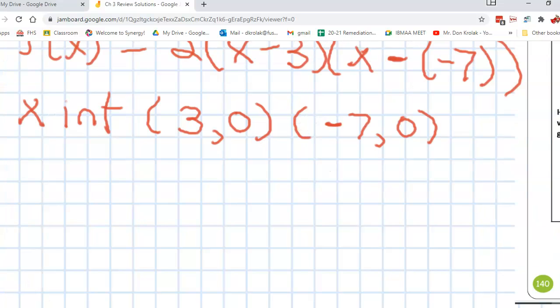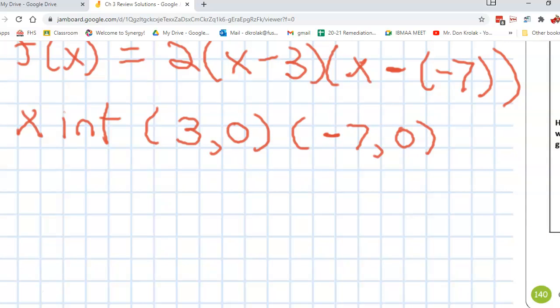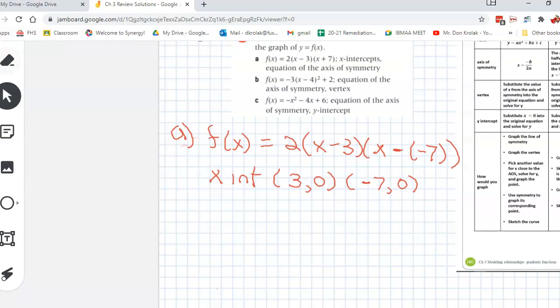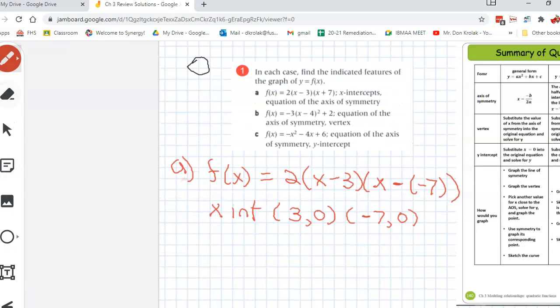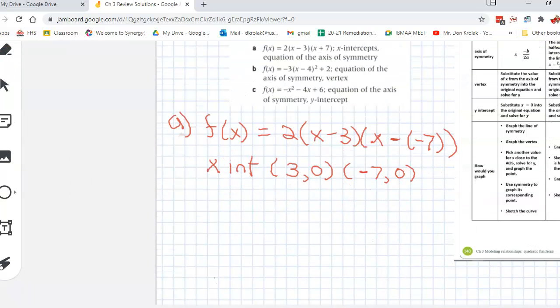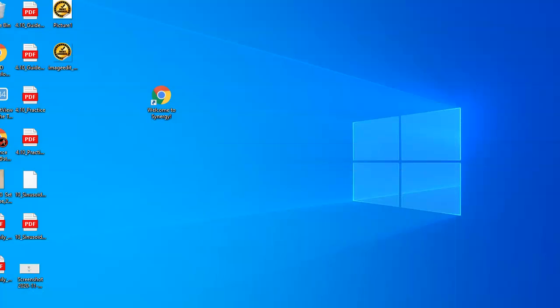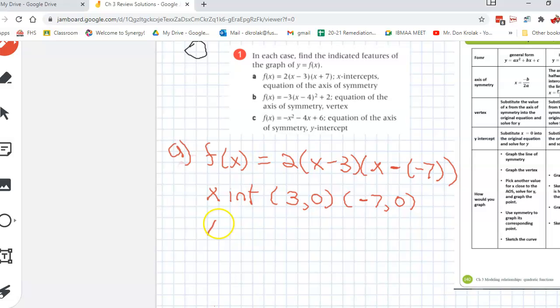So my axis of symmetry is going to be -7 plus 3, divided by 2.